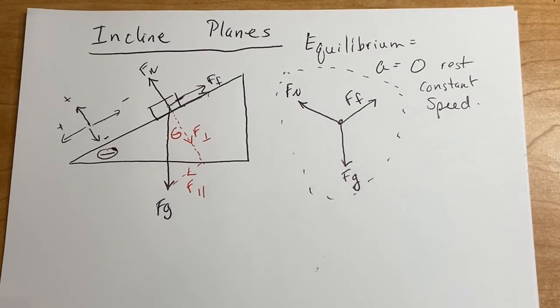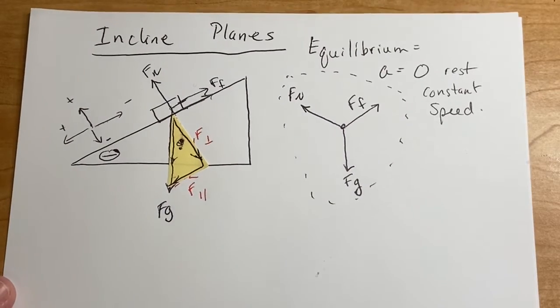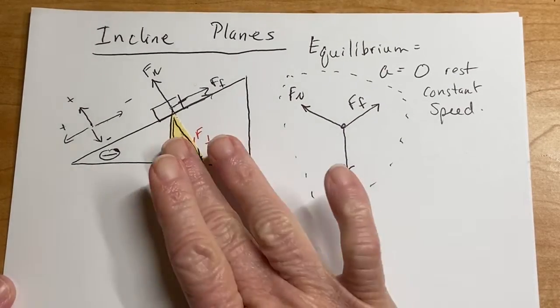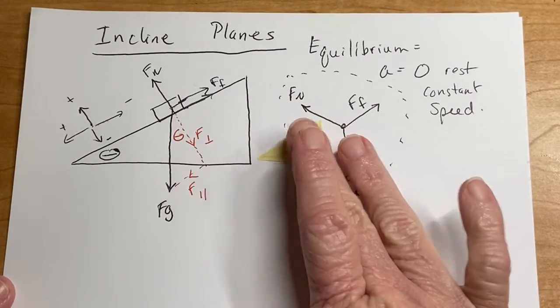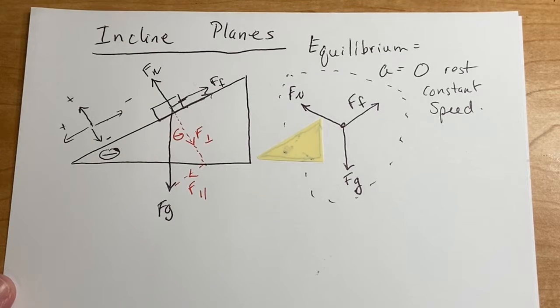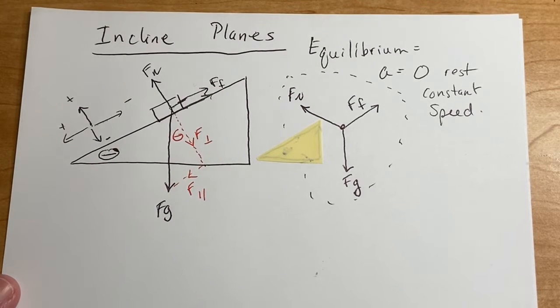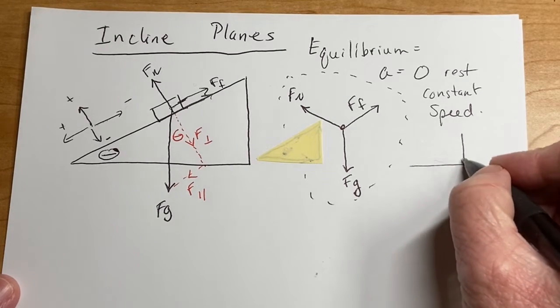An observation would be that if I put a little triangle in there and I flip it over, I essentially get a similar triangle. I'm going to sketch that over here. So here's our mini triangle.